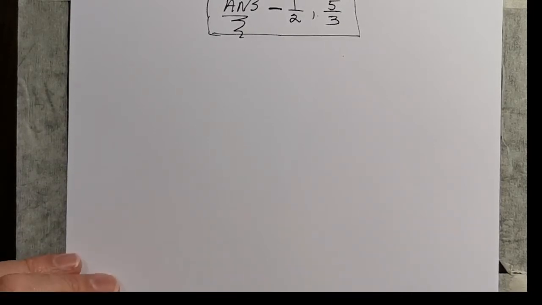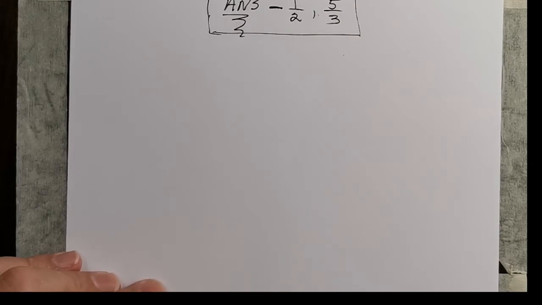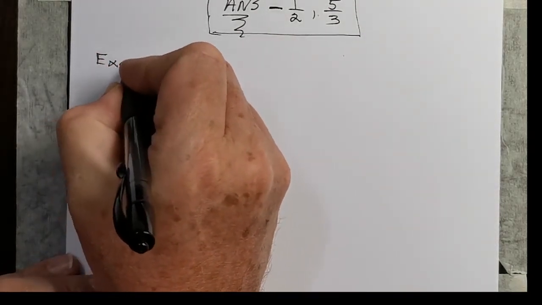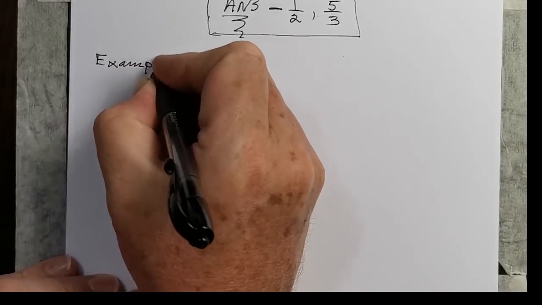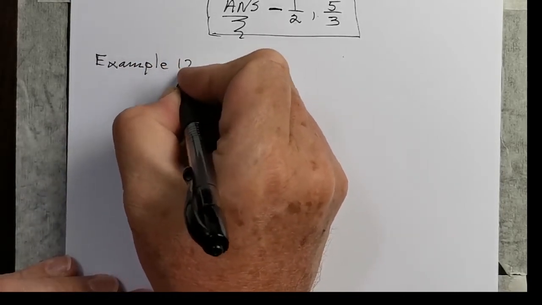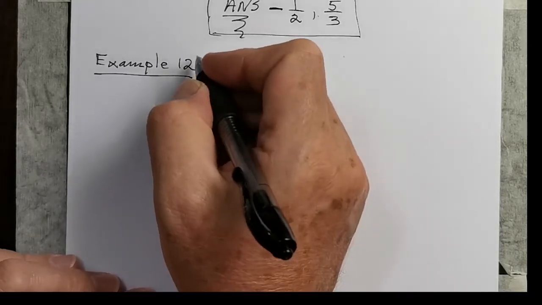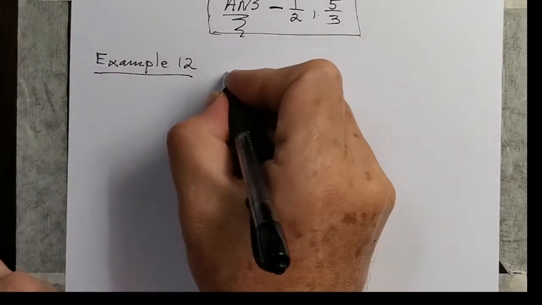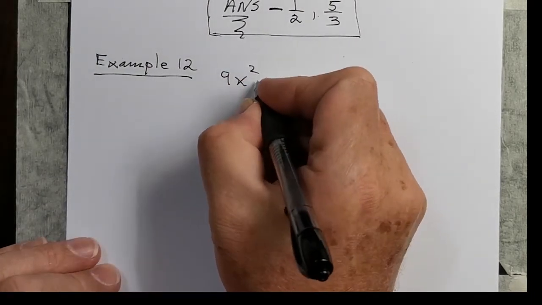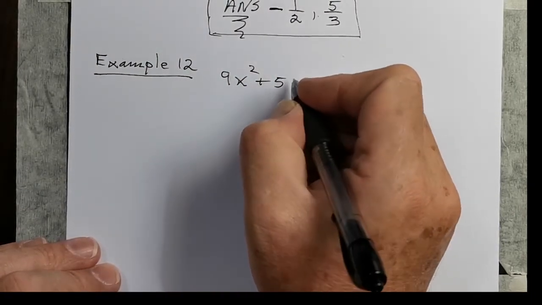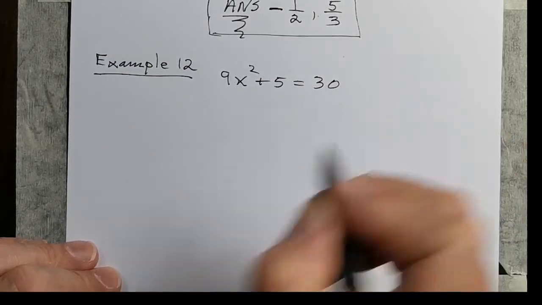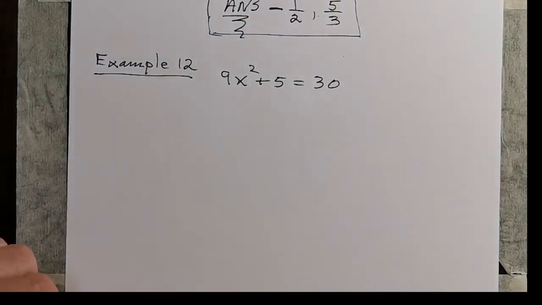Let's move to example number 12. 9x squared plus 5 equals 30. Okay, solve for x.